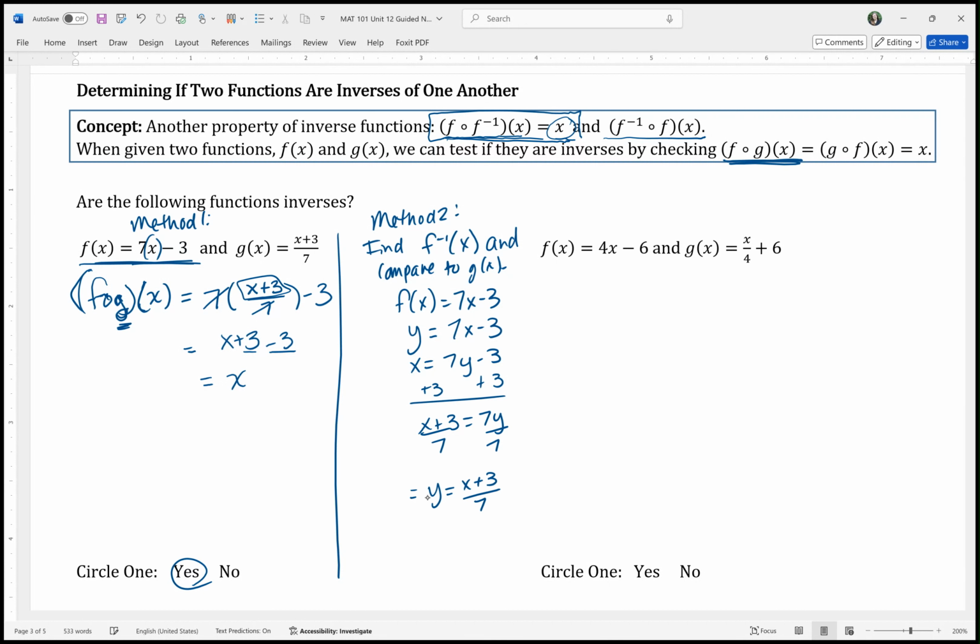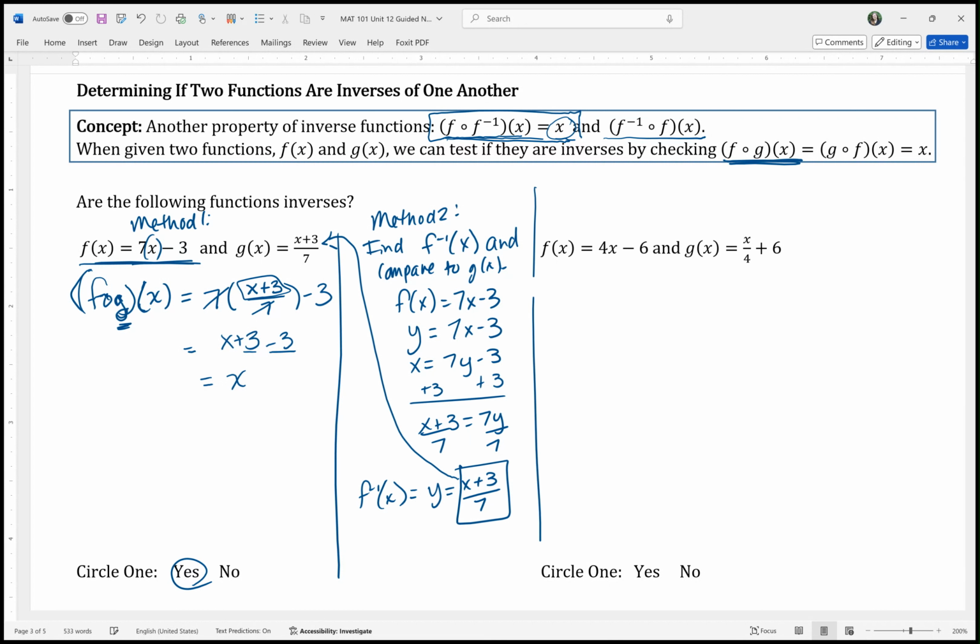And remember, this y is not the same as the original. This is our f inverse. So our inverse is (x plus 3) over 7. And you're checking, is this the same as g? And you can see clearly that it is. So now we have confirmation that that is the inverse. So again, it's whatever you feel most comfortable doing. You can do it either way.